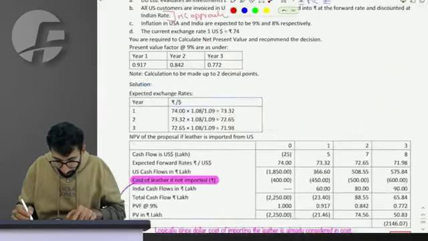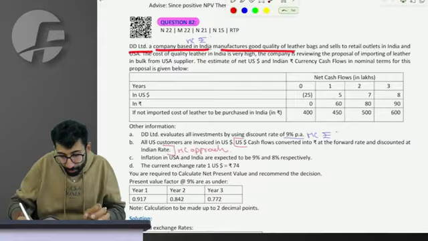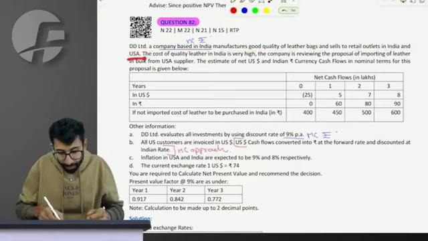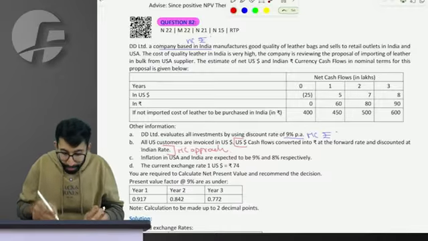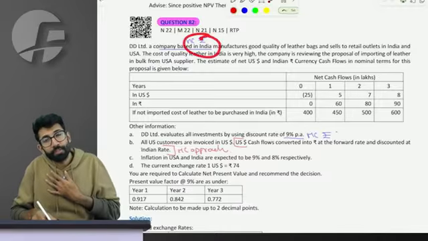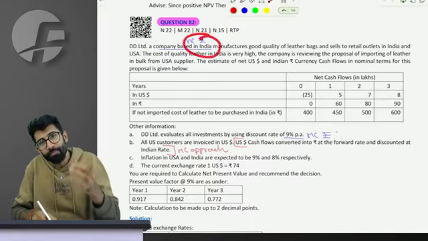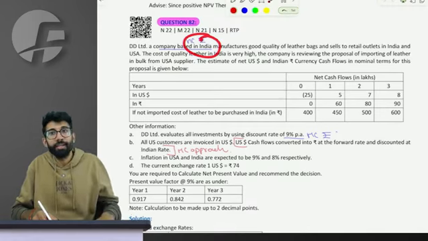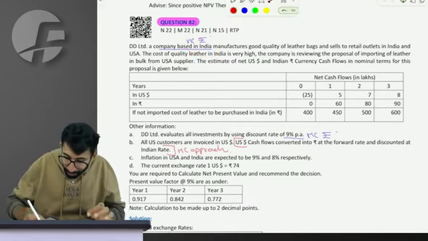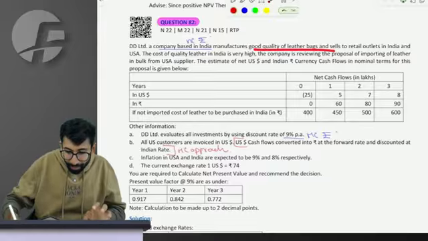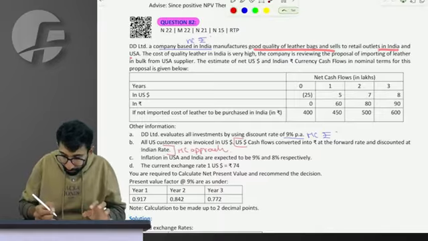So let me proceed. DD Limited, a company based in India, manufactures good quality leather bags and sells to retail outlets in India and USA. Sir, I'm an Indian company. My home currency is rupee, which means ultimately the NPV, or all the inflows and outflows, finally has to be in rupee. I manufacture good quality leather bags in India and export to India and US.